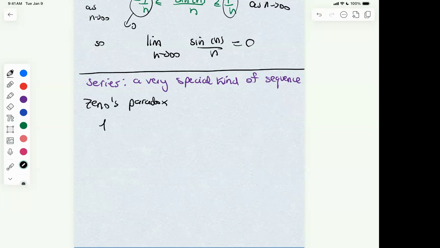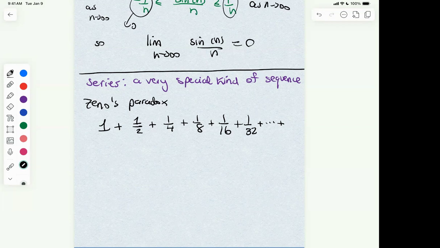If you want to rephrase it in a way that's motivating for calculus, it's like, what do you get if you do 1 + 1/2 + 1/4 + 1/8 + 1/16 + 1/32 plus, right? What if you keep adding a number plus a number plus a number, but the next number is half the previous one.